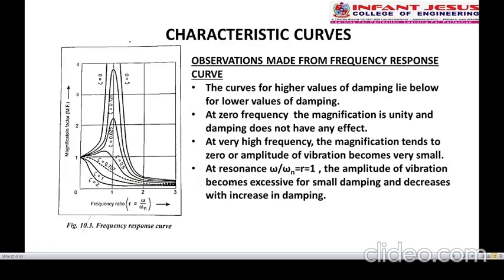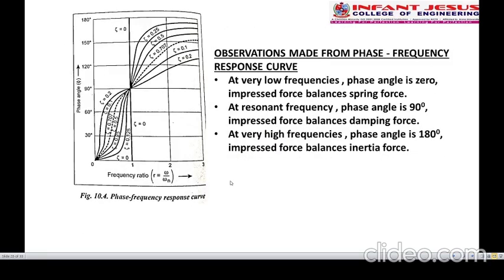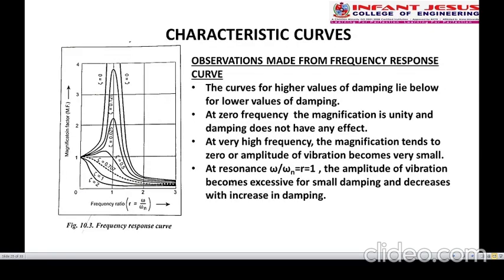Next we can see the two characteristic curves: the frequency response curve and the phase frequency response curve. This is the frequency response curve. We draw the response curve with magnification factor on the y-axis and frequency ratio on the x-axis.